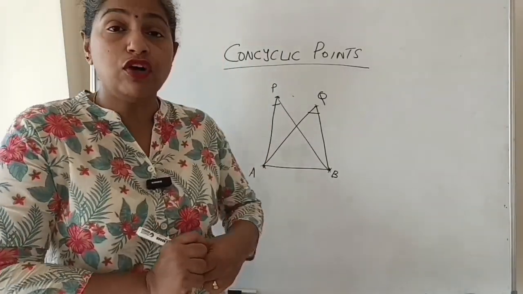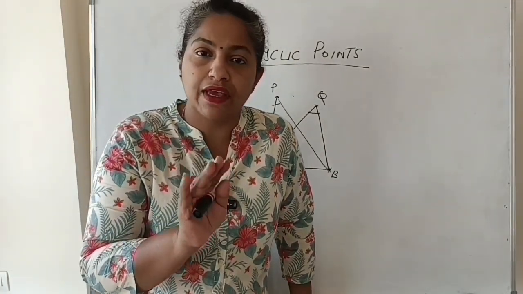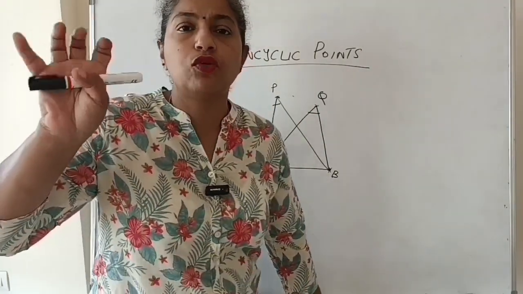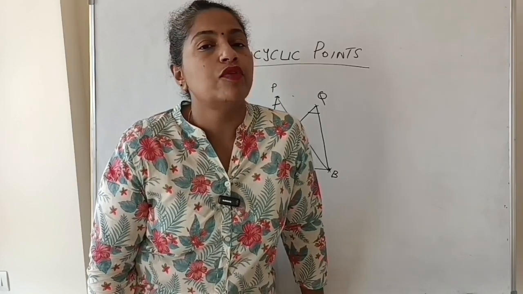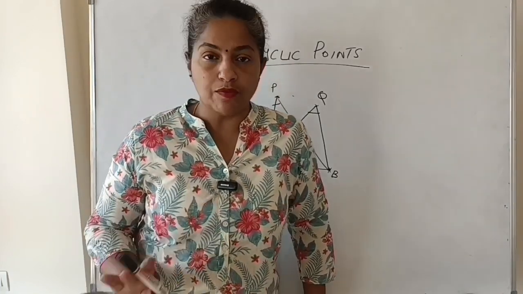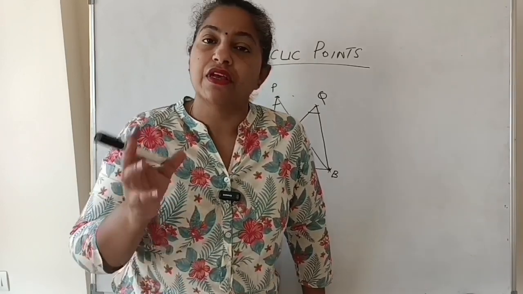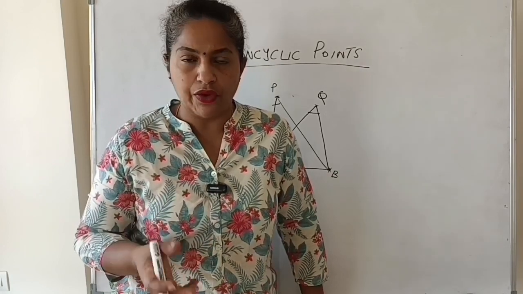Basically, we have got 4 points lying on a plane, and these 4 points satisfy a condition like this. I can say that these 4 points can fit onto the circumference of a circle. These 4 points, therefore, I will call concyclic points. That is the basic definition of concyclic points: 4 points that lie on the same circle are concyclic points.